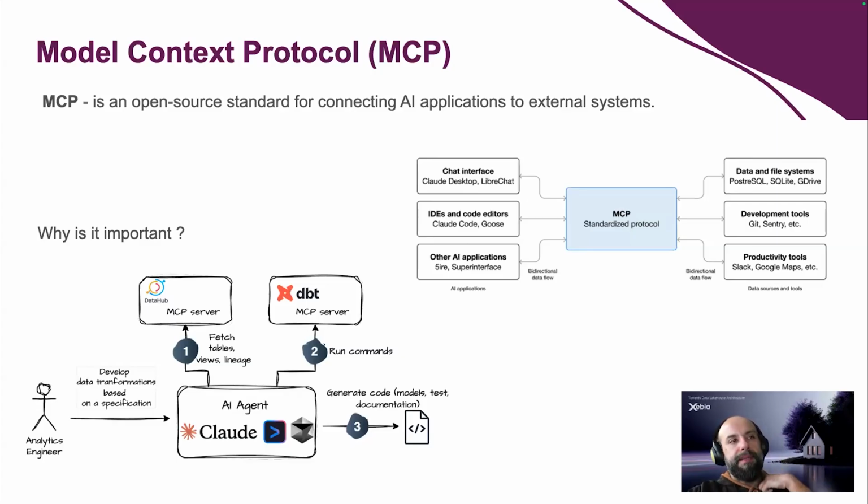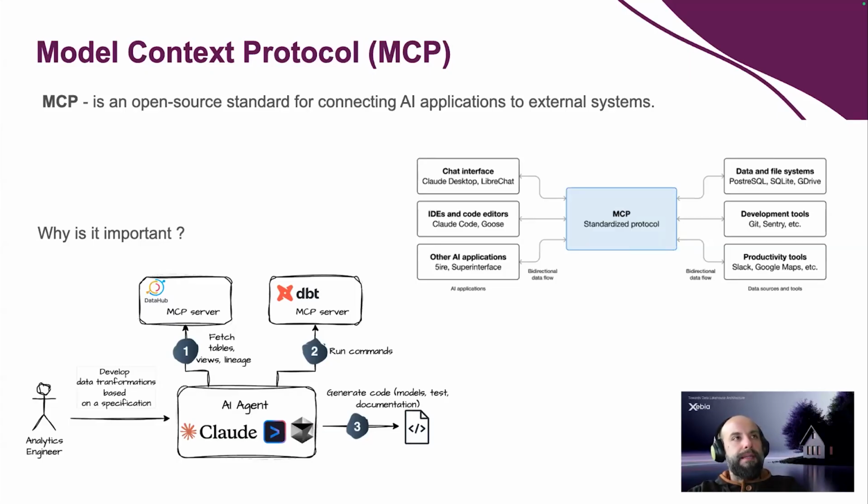By doing so, your engine is able to communicate with DataHub, run some queries, get some additional information on your data assets, and at the same time, while developing, for example, dbt pipelines, it can easily call dbt for testing, for generating some code, for running, for example, syntax checks or something like this.